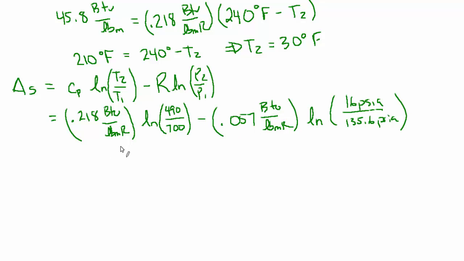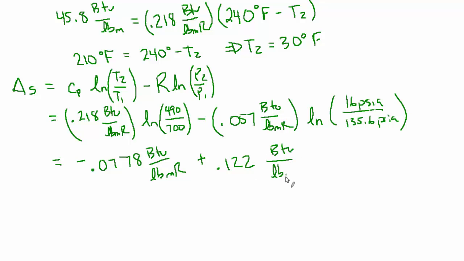And I do it one term at a time and then add them together just to make sure I don't make any mistakes. The first term actually turns out to be negative 0.0778 BTU per pound mass Rankine. And the second term turns out to be negative, but then it has a minus sign, so it ends up positive 0.122 BTU per pound mass Rankine.